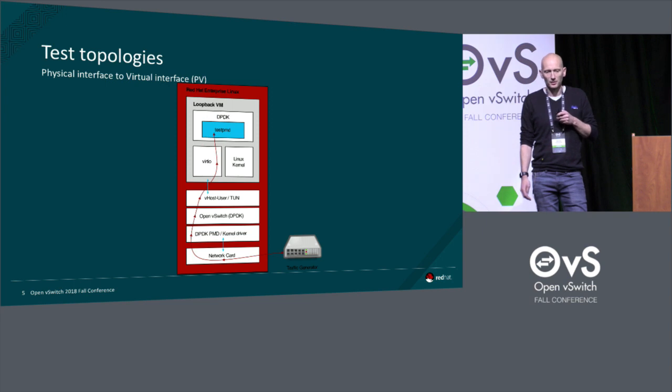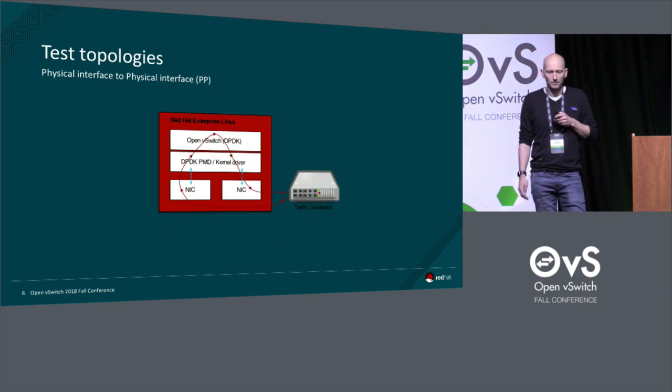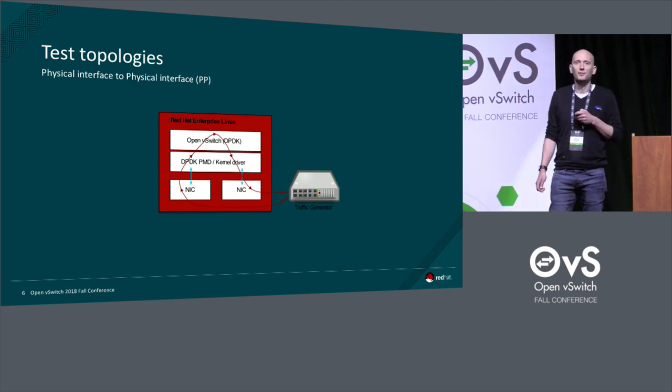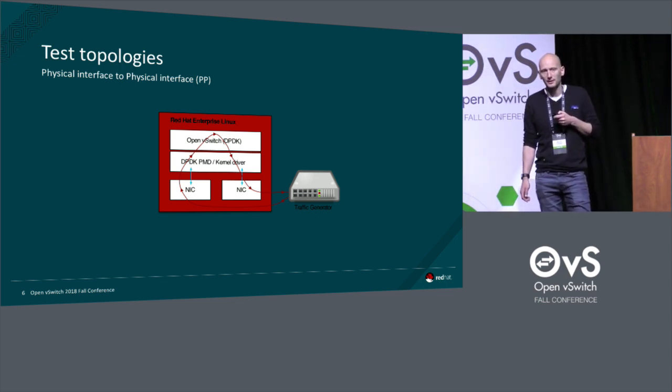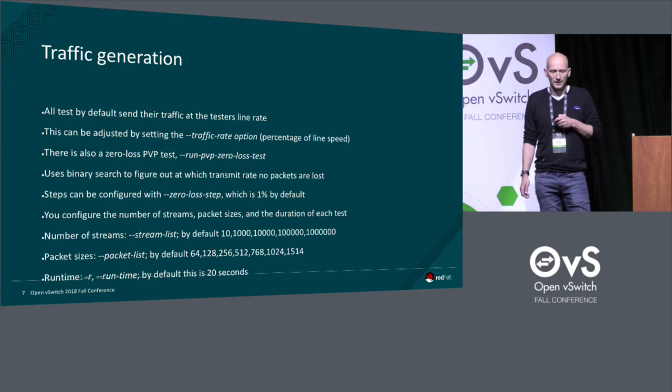It also has support for physical to virtual, so only up, and that's it. There is a port-to-port test, so if you don't care about the virtual part of it, you can do that too. The script has a virtual-to-virtual setup as well, but that was using a proprietary setup, so that's commented out, but you can still look at it and maybe change it if you want to.